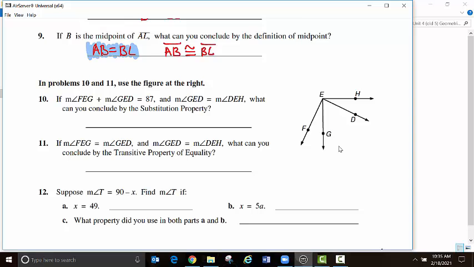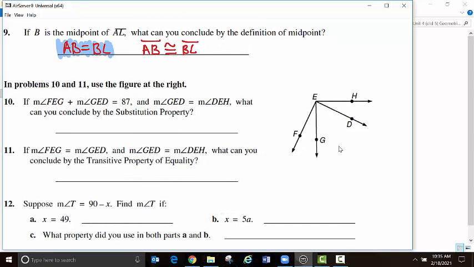Okay, it says, we're going to look at this picture. It says, if the measure of FEG, so FEG plus GED, this much plus this much, the whole thing is 87.